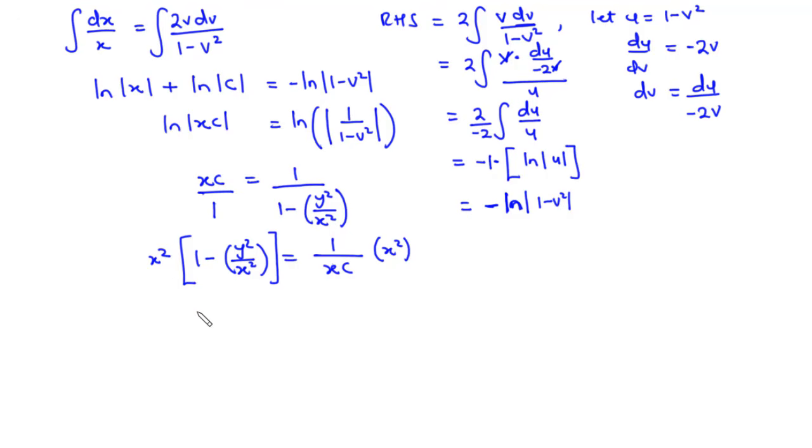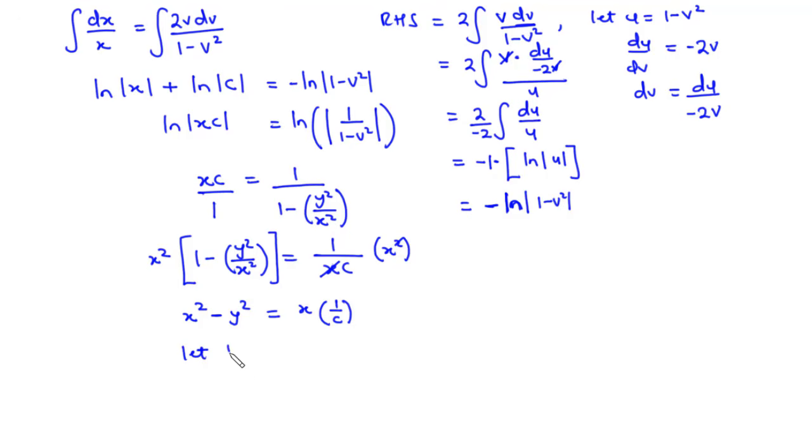So x squared times 1 is x squared, minus x squared times y squared over x squared. X squared cancels out x squared. We are left with only y squared. So minus y squared equals, x cancels one of the x's here, so we are going to have x times 1 over c. Now 1 over c is a constant.